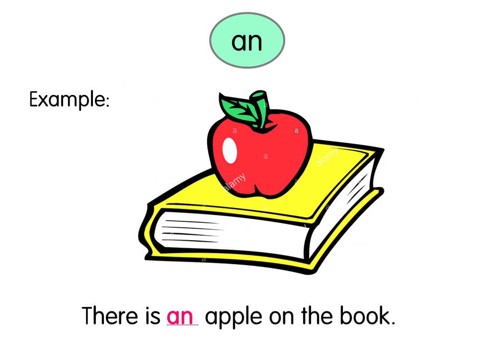Okay, our next example is, there is an apple on the book. There is only one apple, and the first sound for apple is a.